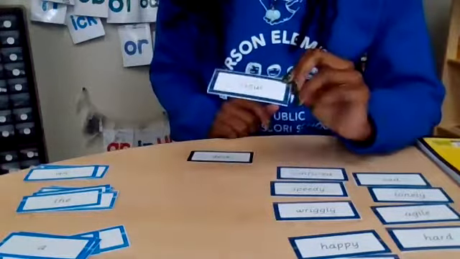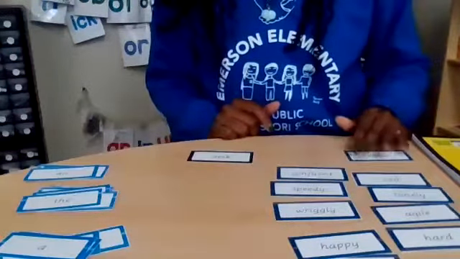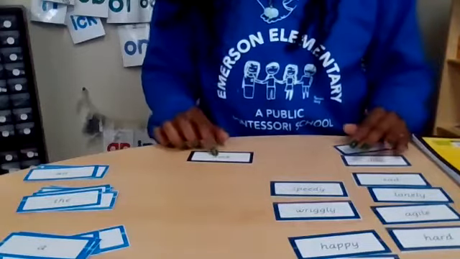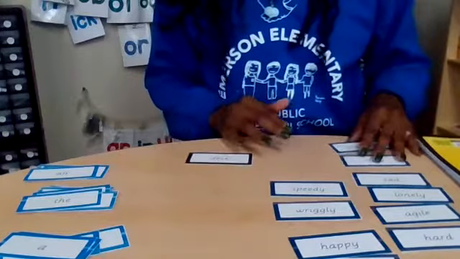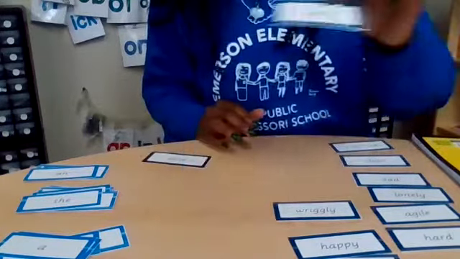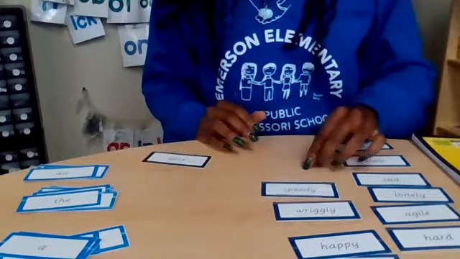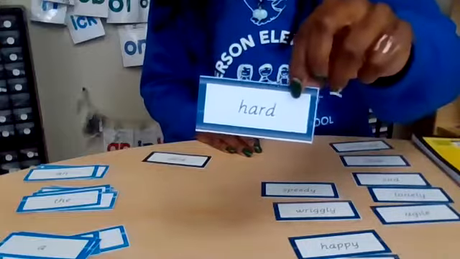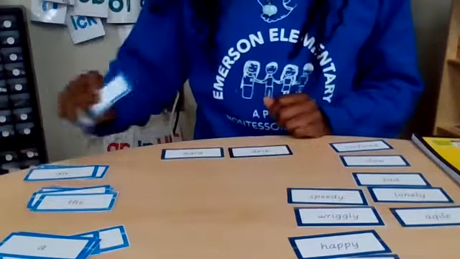Because that's what adjectives do. They describe nouns. The slow desk? No, that doesn't make sense. Confused? No. Can a desk, or a thing, have a feeling? No. The speedy? No. The hard desk. That makes sense.